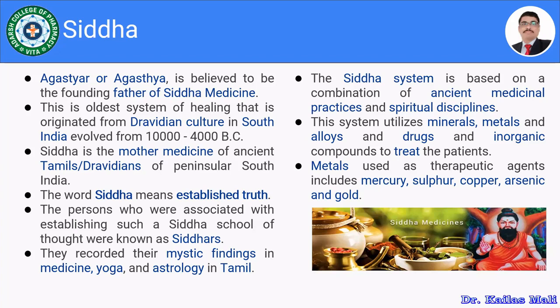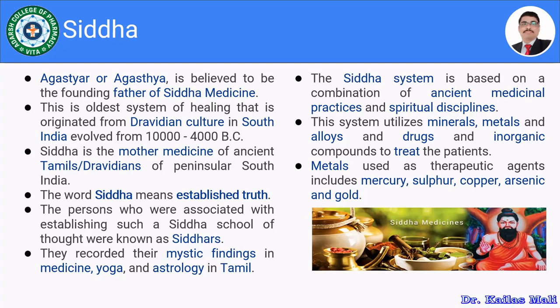Siddhas recorded their mystic findings in medicine, yoga, and astrology in Tamil. So the Siddha system of medicine is also known as the Tamil system of medicine. The Siddha system is based on a combination of ancient medicinal practices and spiritual discipline.